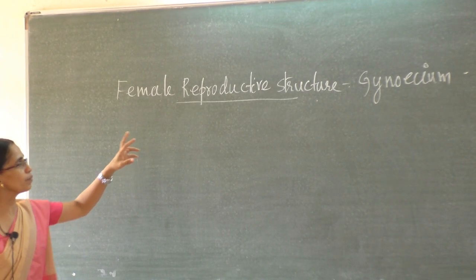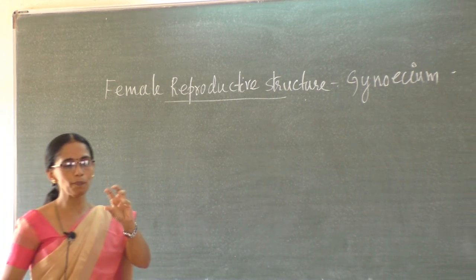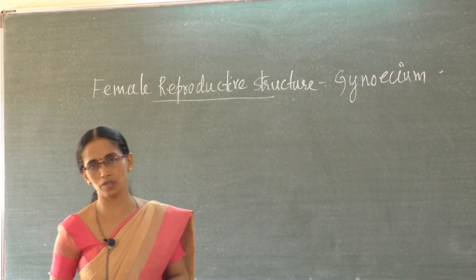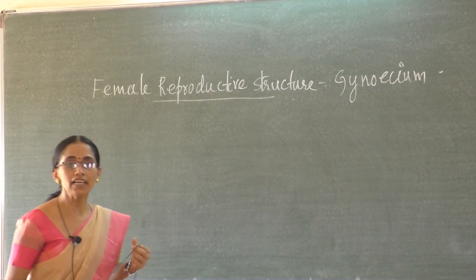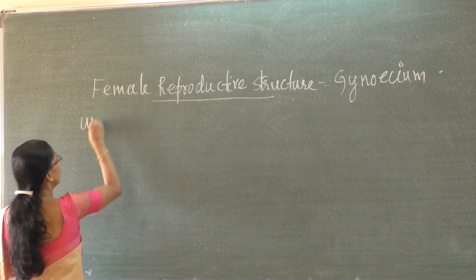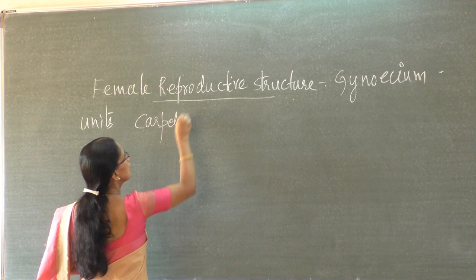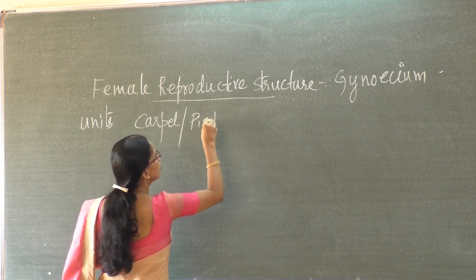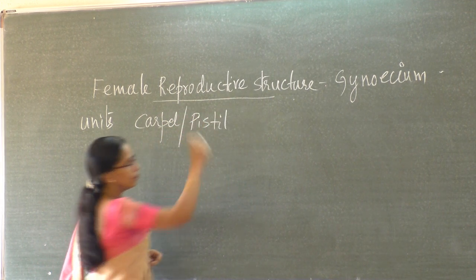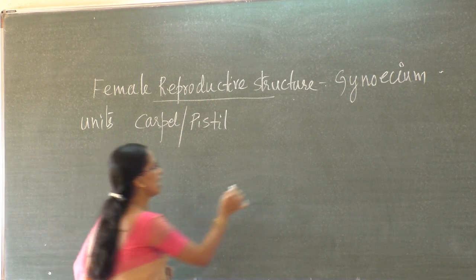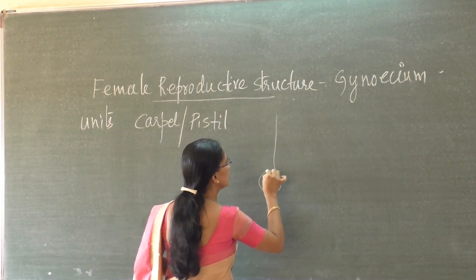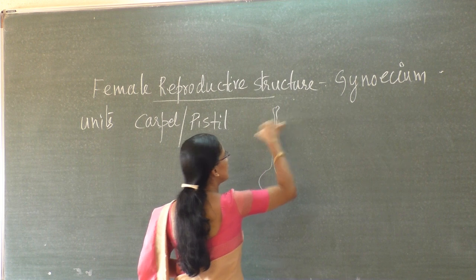Continuation, female reproductive structure. The female part in the flower is gynoecium. Gynoecium is made up of units called carpel or pistil. A single carpel is somewhat like this.